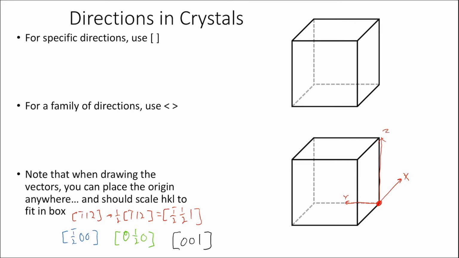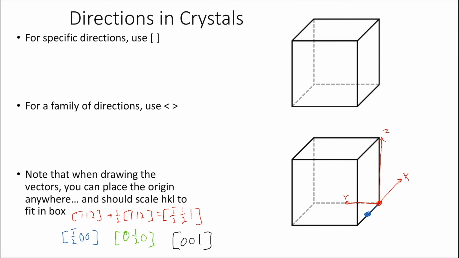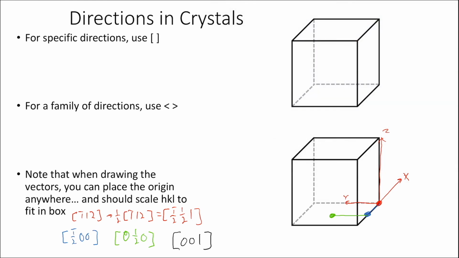In the first case, we're going to go to -1/2, so we're just going to come down here. In the second case, we're going to go over in the y direction by 1/2 over to here, so that's the positive y direction. Then to finish it up, we're going to go 0, 0, 1, so we're going to go straight up to the middle of the top.